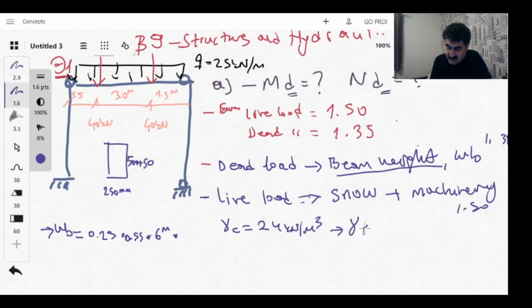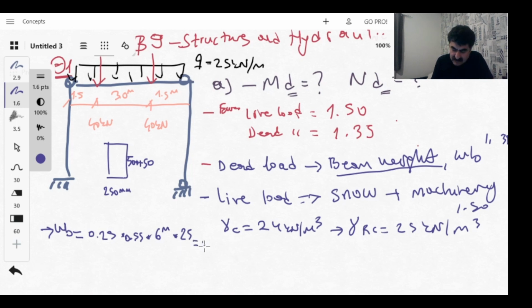So we say gamma RC is equal to 25 kilonewton per meter cube. That's why I will multiply this by 25. But since it will be a distributed load, I can delete the 6 meters, because I will divide the result by 6 meters. Or if I'm not going to delete this one, let's calculate.